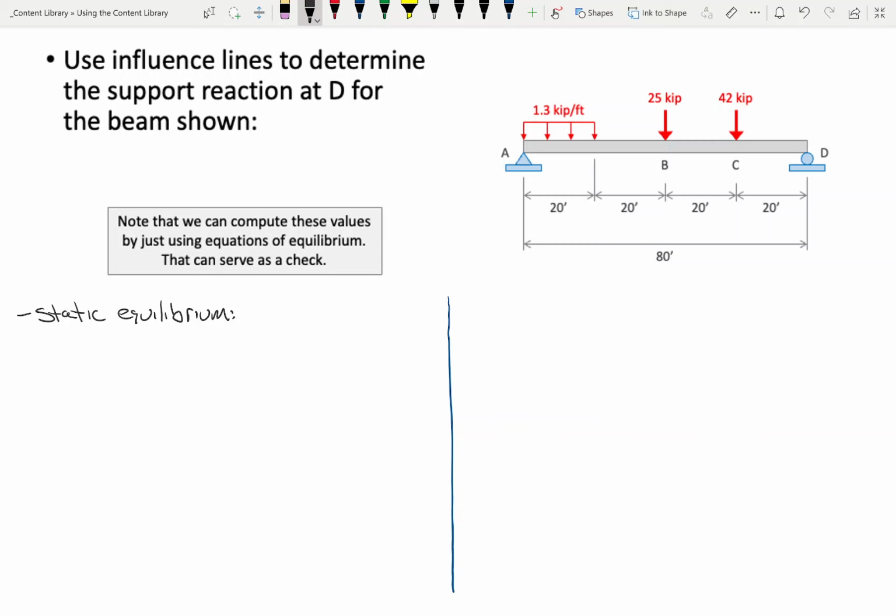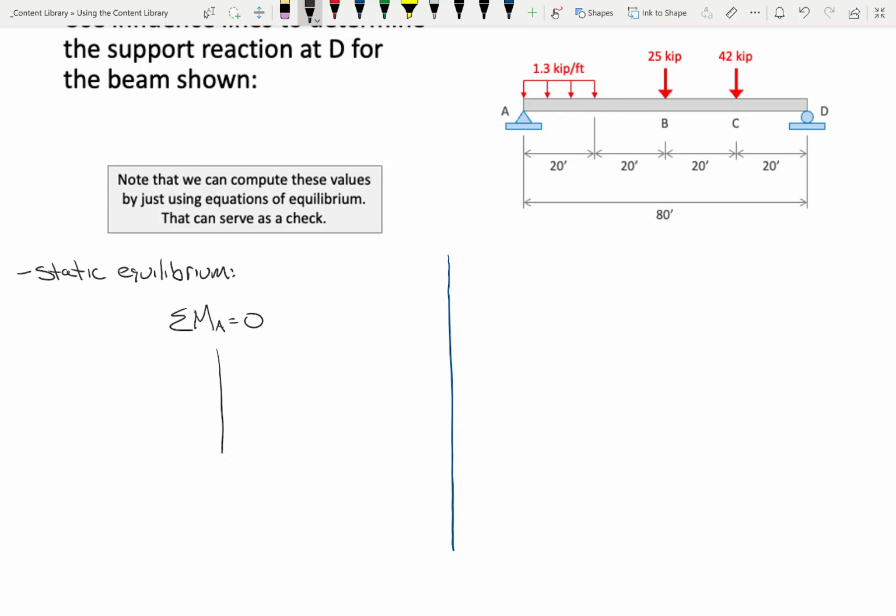Summing moments about A. So I'm just going to sum moments at A to find the reaction at D. Maybe I'll draw myself a little reaction right there.